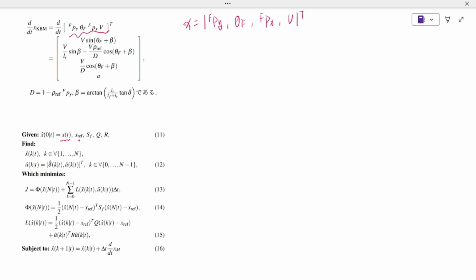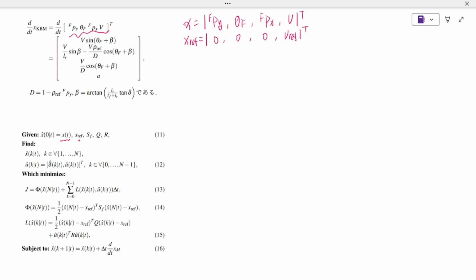All right, next xref, the reference of the trajectory equals, our goal is to set the lateral offset distance from the trajectory to 0. So the fpy is 0, theta f, the heading error, to 0, the longitudinal distance error to 0, and the velocity is vref transpose.